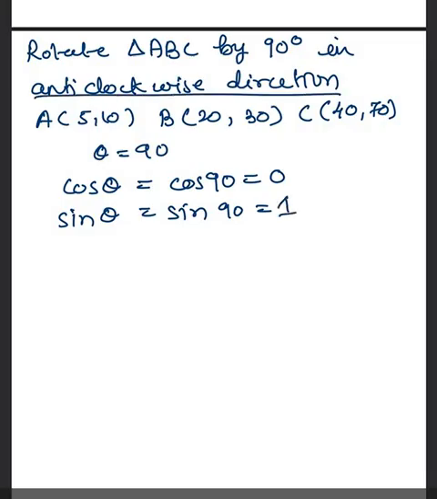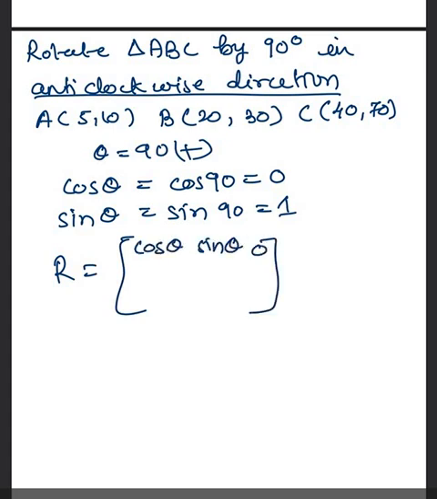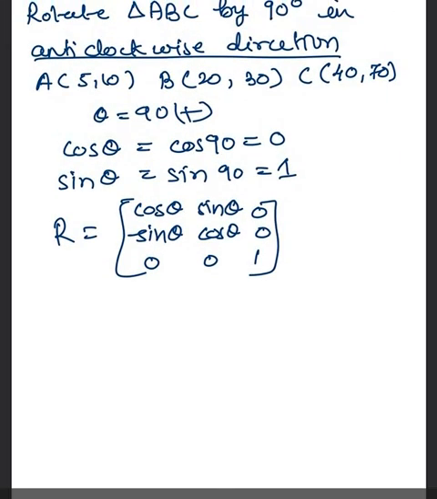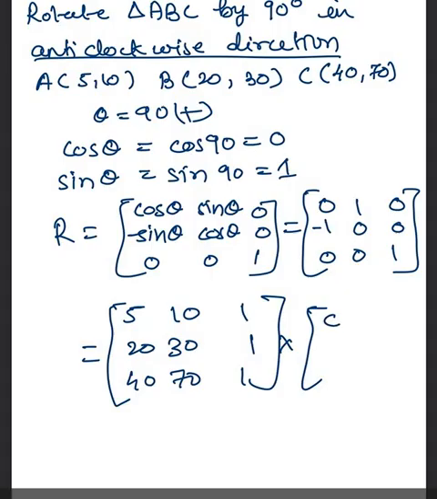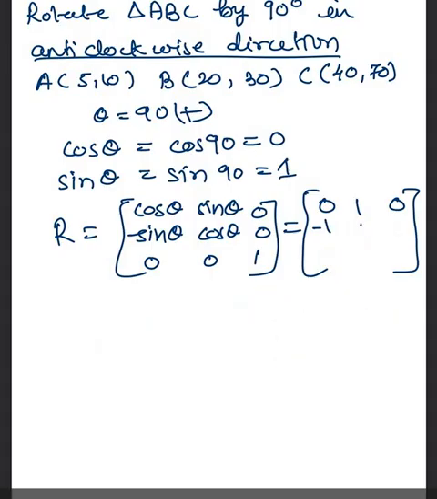Now, R, how will you write? R will be cos theta, sin theta, 0, minus sin theta, cos theta, 0, 0, 0, 1. So this is what your R is going to be. Then you will replace the values of cos theta and sin theta over there. So what you will get after replacing the values? You will get this after replacing the values.